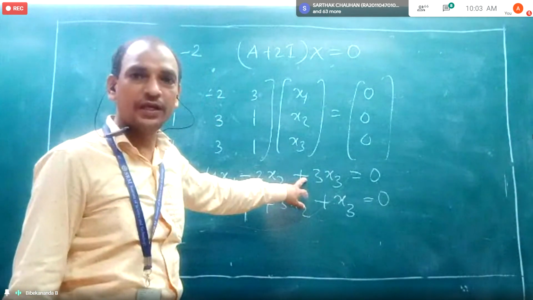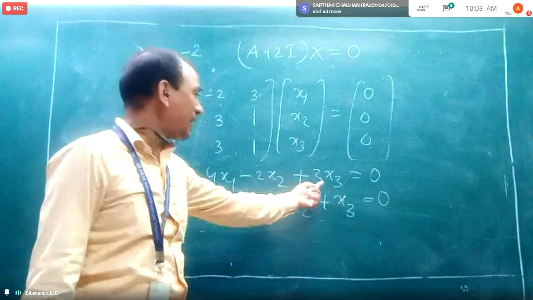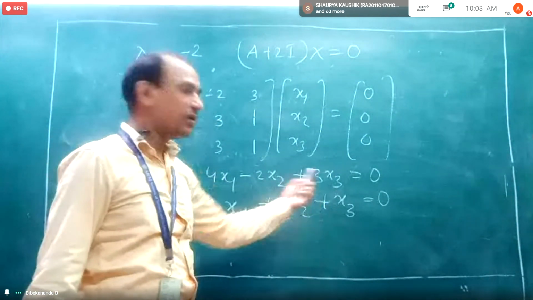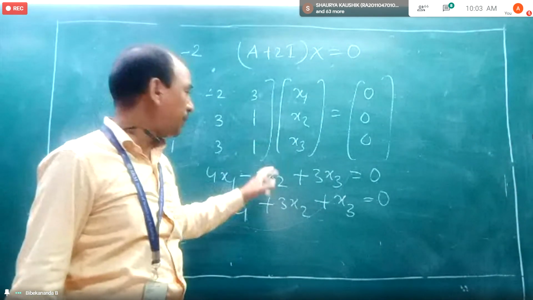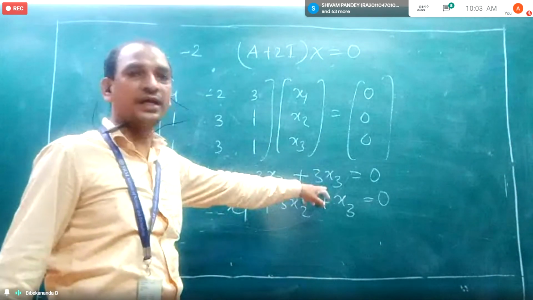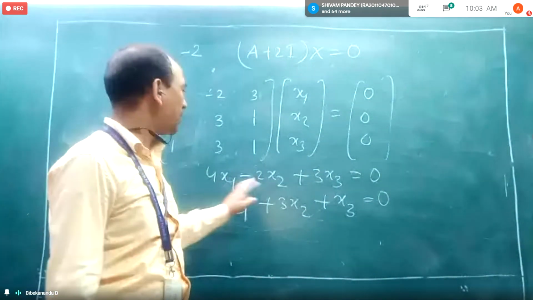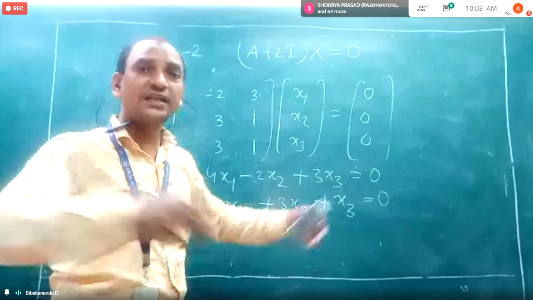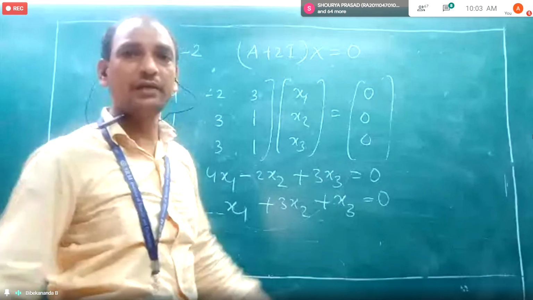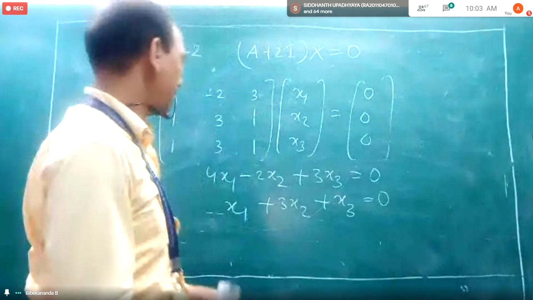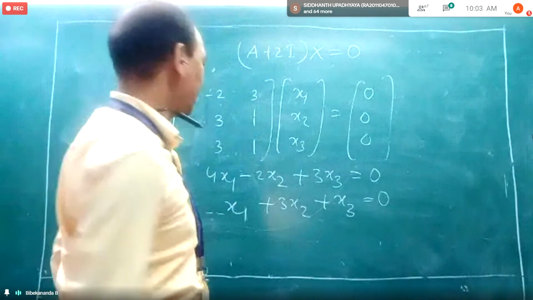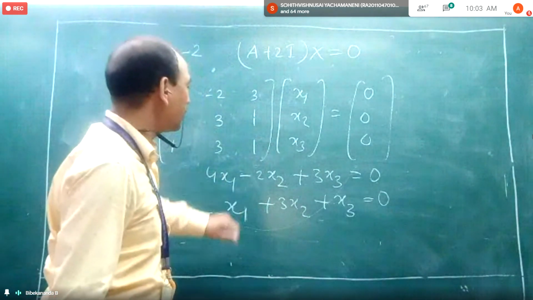Suppose I consider x3 as 0, then I can find x1, x2. If I consider x2, I can find x1, x3. If I consider x1, I can find x2, x3. Like that, I have infinitely many solutions. So we don't have a unique solution, and for that purpose, how can we solve?